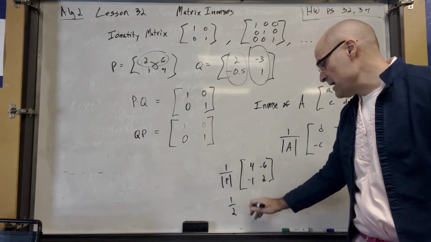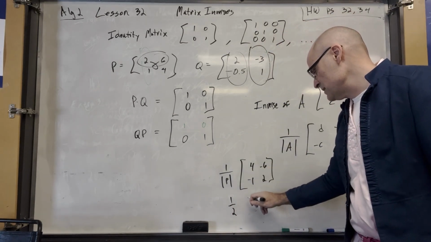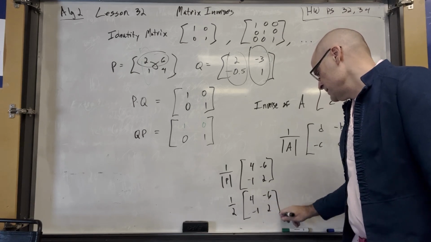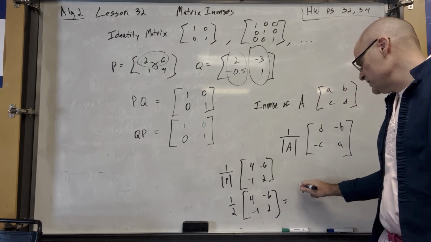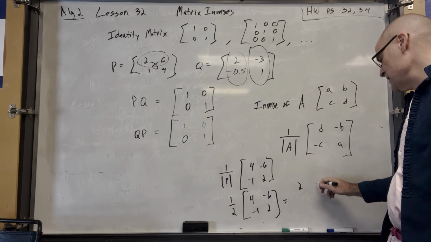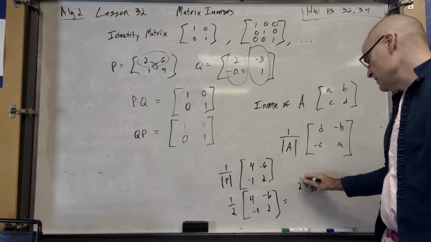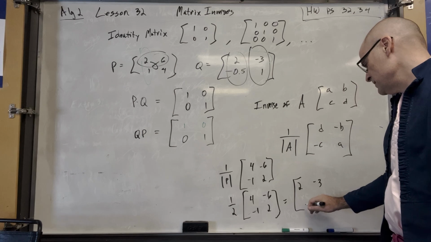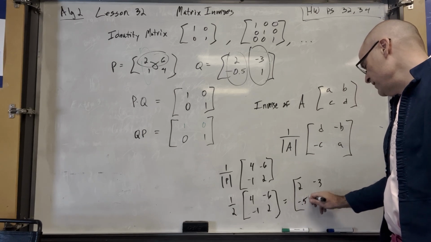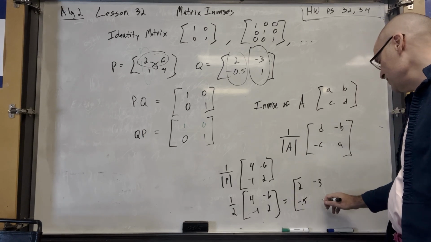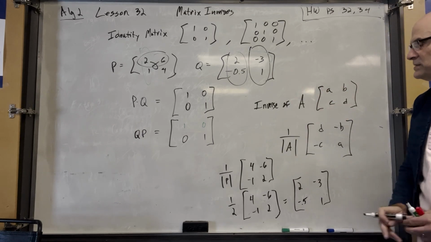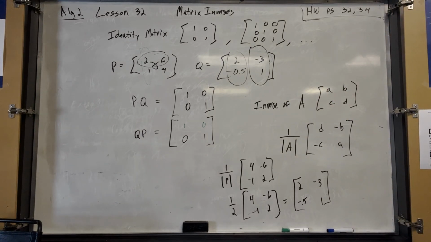So it's 1/2 times this matrix, which will give you 1/2 of 4 is 2, 1/2 of -6 is -3, 1/2 of -1 is basically -0.5, 1/2 of 2 is 1. That is exactly what was up there. That's what Q is.